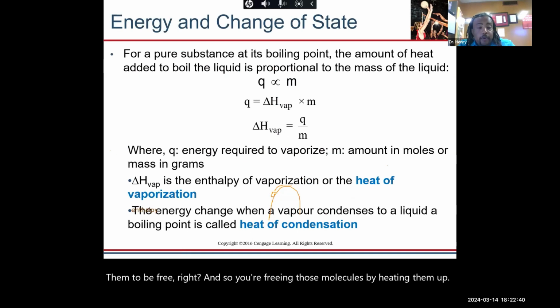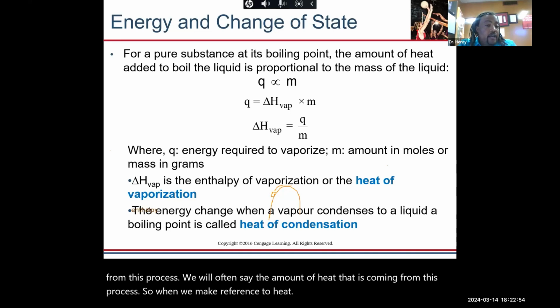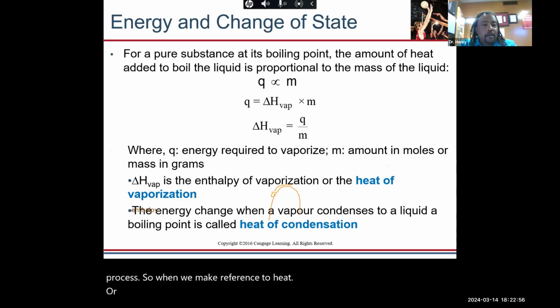Now, this process, we are able to calculate the amount of energy that's coming from this process. We will often say the amount of heat that is coming from this process. So when we make reference to heat or energy, they're kind of simultaneous because a lot of times the way that we associate heat is that form of energy.